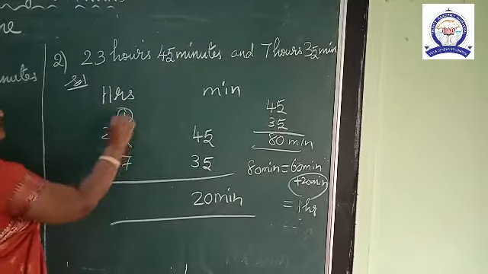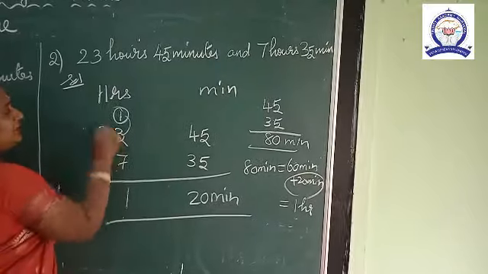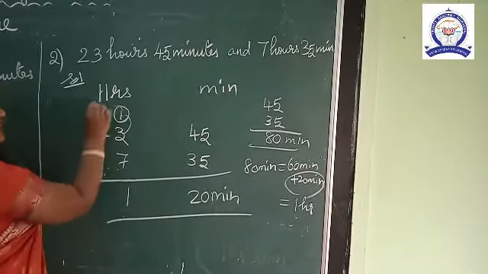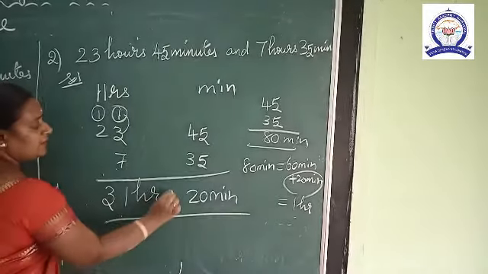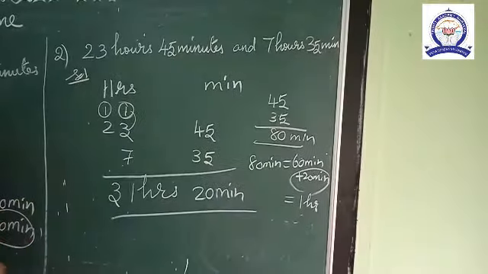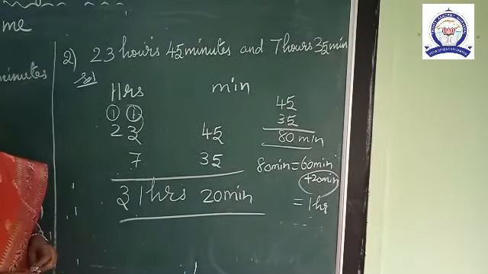Now you add 3 plus 1, 4, 4 plus 7 is 11. So write 1 and 1 carry over. 2 plus 1 is 3. Therefore 31 hours 20 minutes is your answer. 31 hours 20 minutes is your answer. Let us see the subtraction sum.